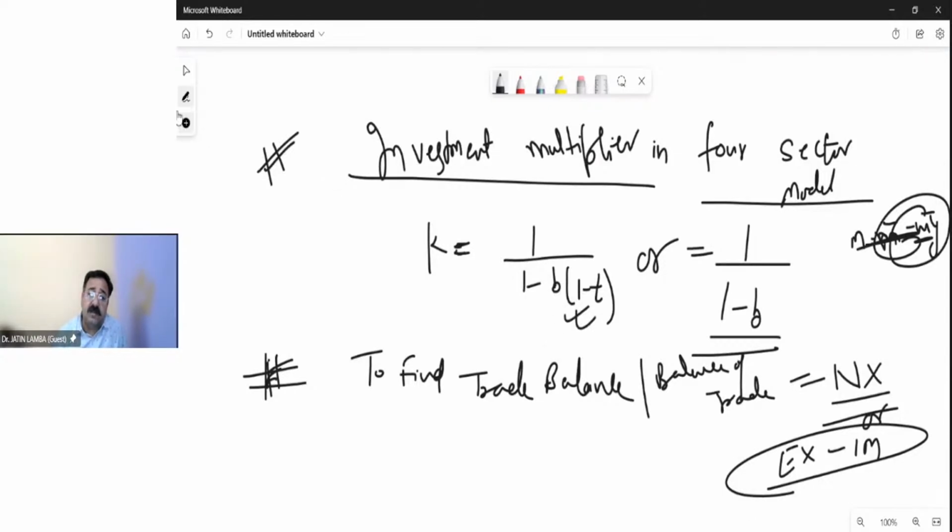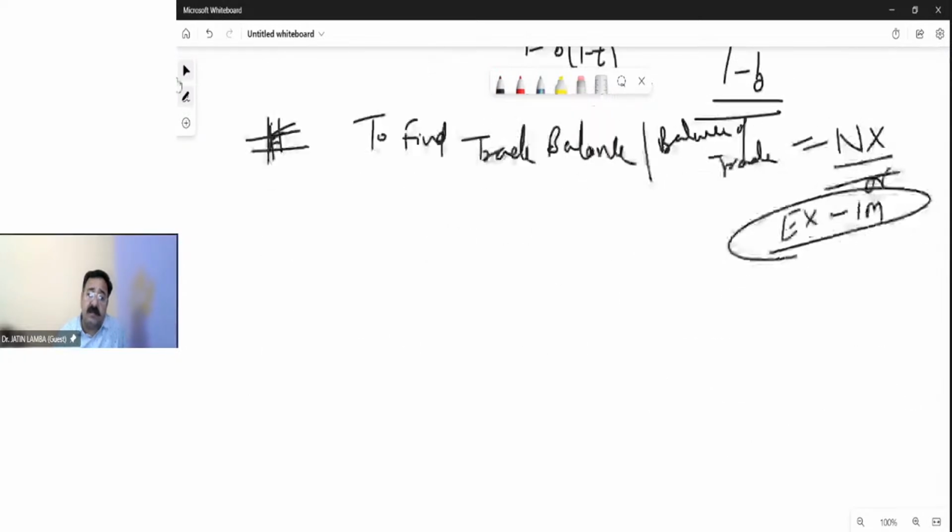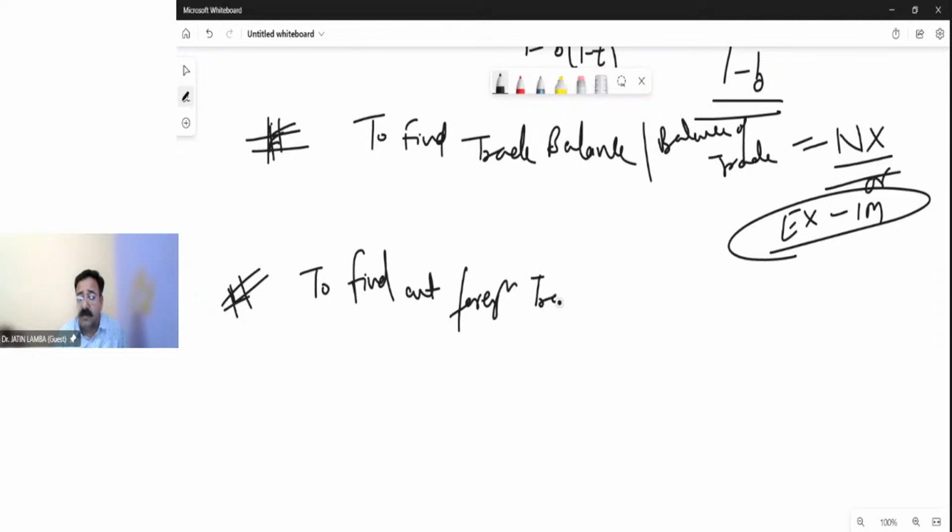The other term which is many times asked in 4 sector model numerical questions is to find out the foreign trade multiplier. This is a different concept. So note its formula.